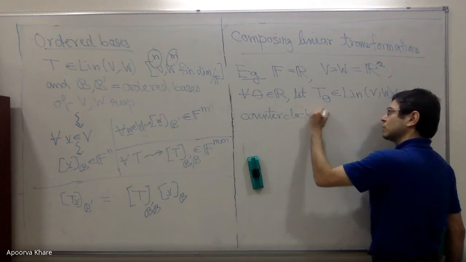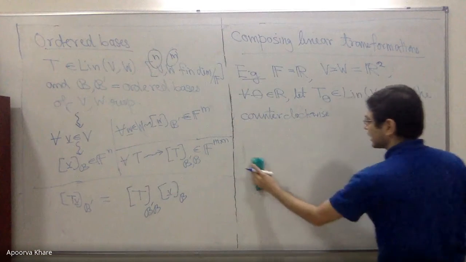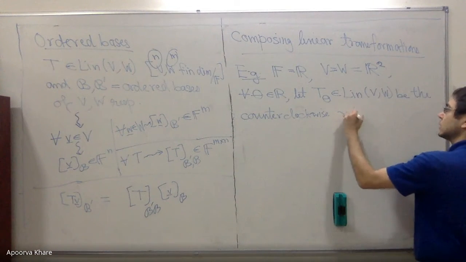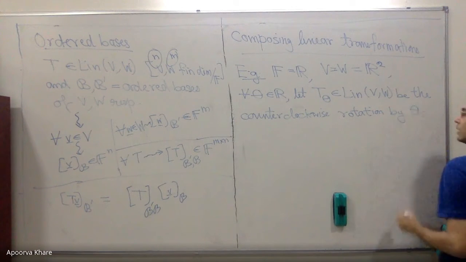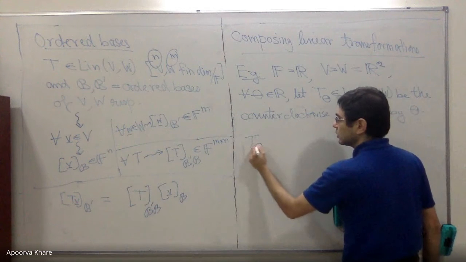I think this was one of your homework 4 or 5 or something like that. Rotation by theta. Right, so that means that T_theta of 0 is 0.